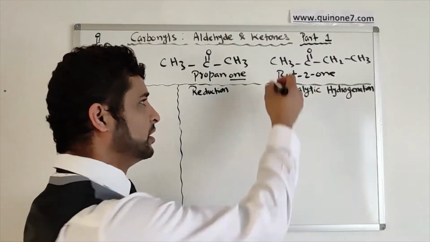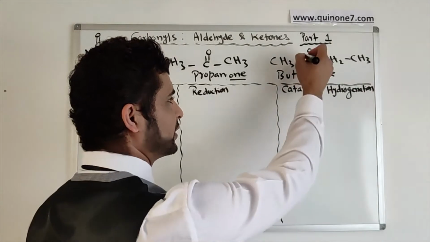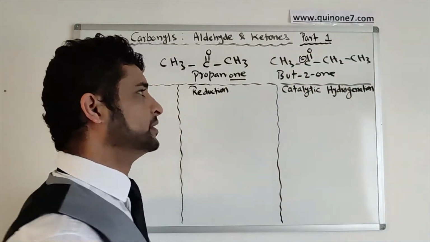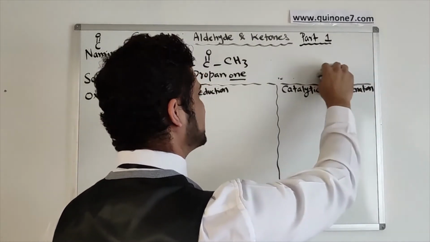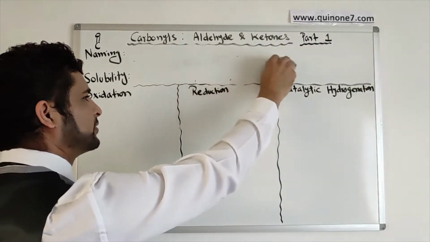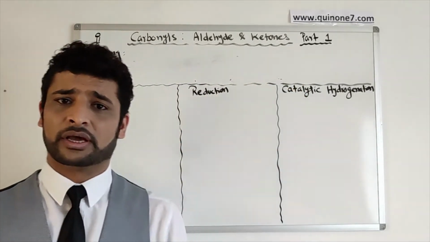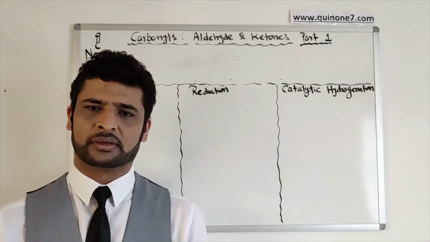That's but meaning 1, 2, 3, 4 carbon atoms. The position for the carbonyl group is number 2. So but-2-one. I will explain all of these in another video, where we're going to learn how to name the hydrocarbons and the derivatives.